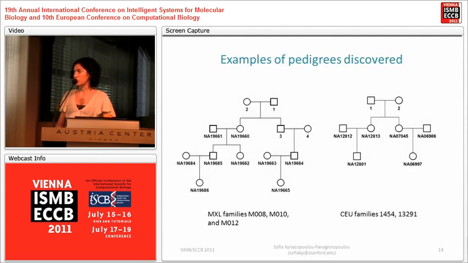Finally, I'd like to show you two of the pedigrees that CAROT detected. One of them is the pedigree I just showed you, and another one is a much larger pedigree from the Mexican population. It is interesting to note that, as I said before, all the first degree relationships in this pedigree were reported before, but the entire pedigree structure was not.